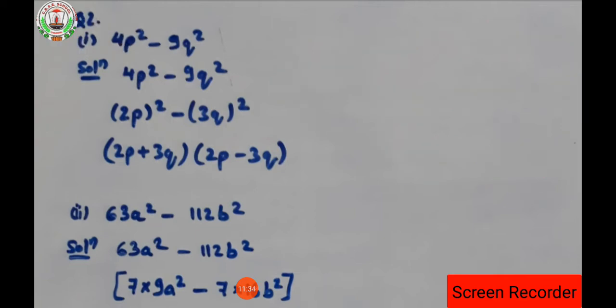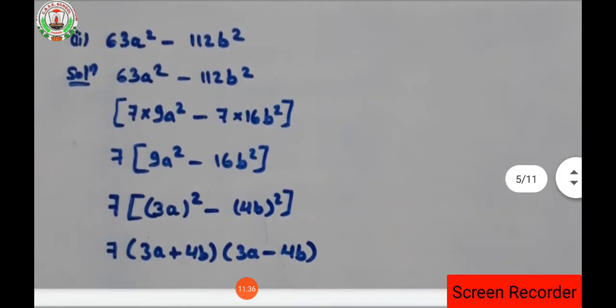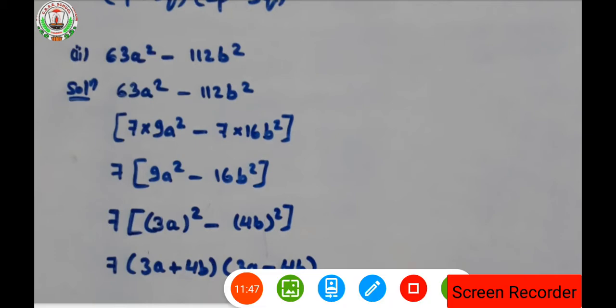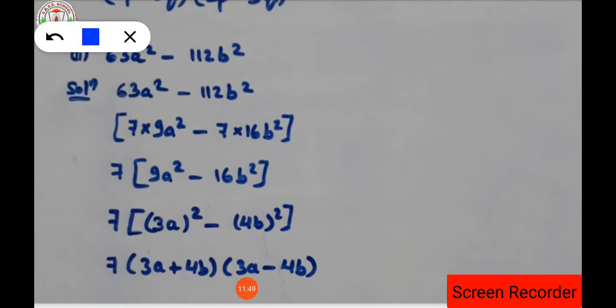Clear? In the second part, in the same way, we have 63a square minus 112b square. Of course, 63 can be written as 7 into 9a square, because 7 nines are 63.